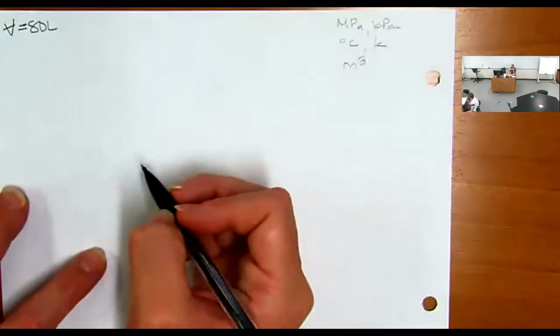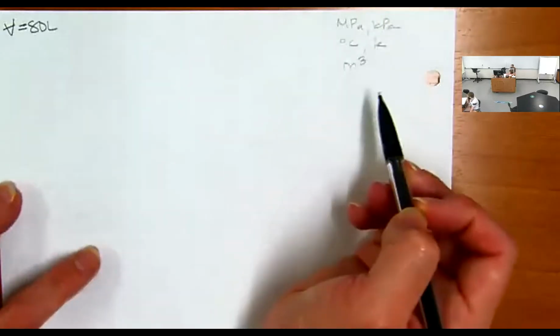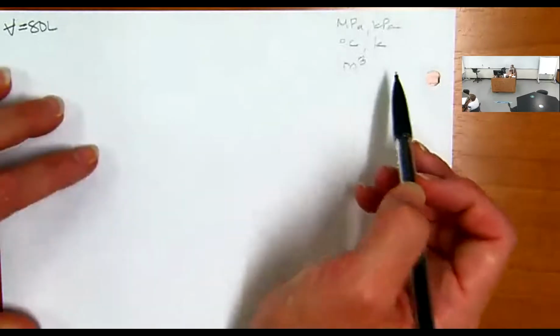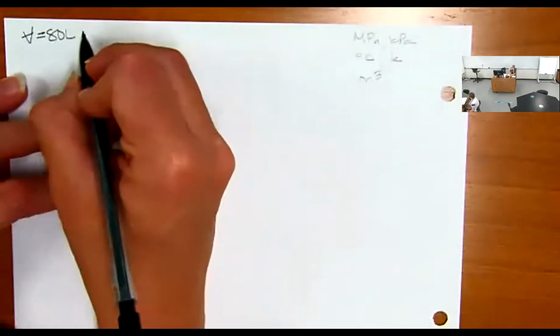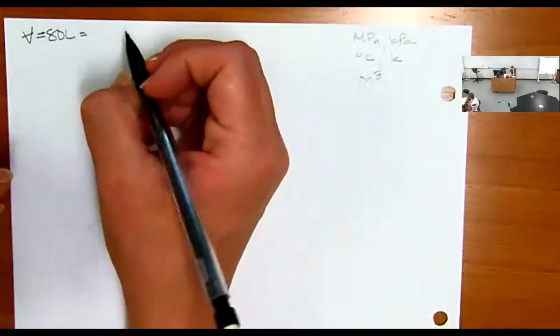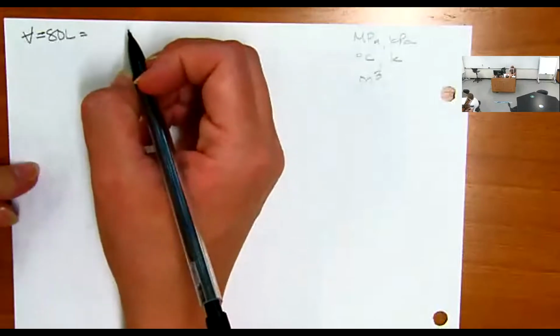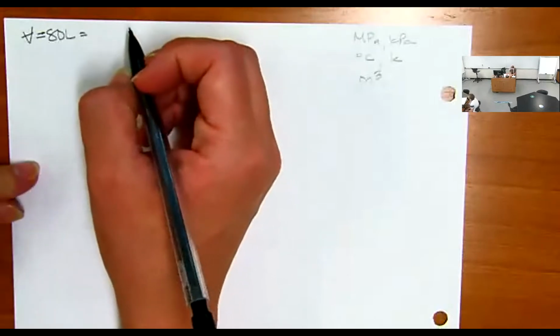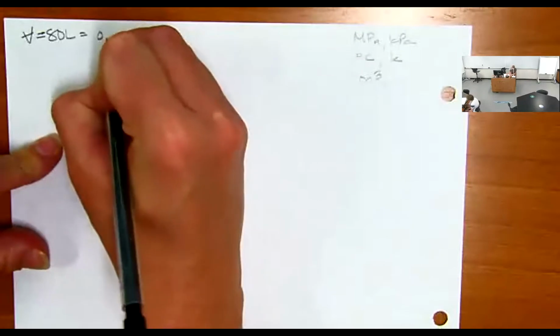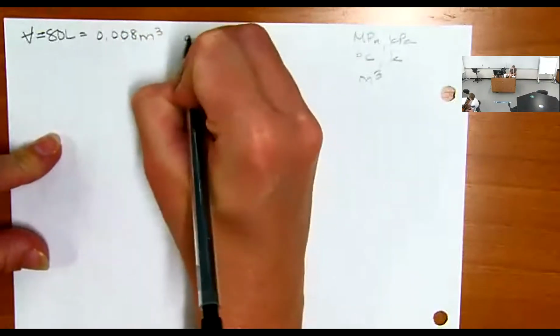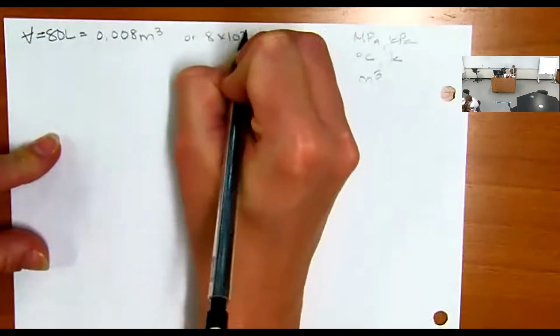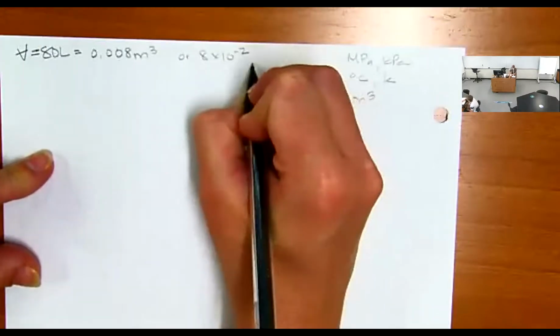So I pretty much know I should have conversions for all of these right when I start a problem. It's easier for me to do them up front. So 80 liters to cubic meters, we're going to divide by 1,000. So here we have 0.08 cubic meters, or 8 times 10 to the negative 2 cubic meters.